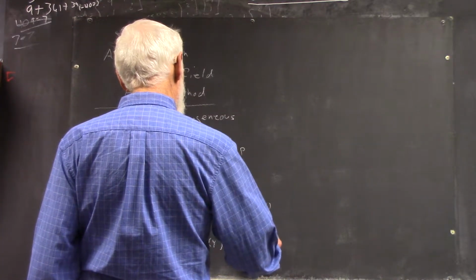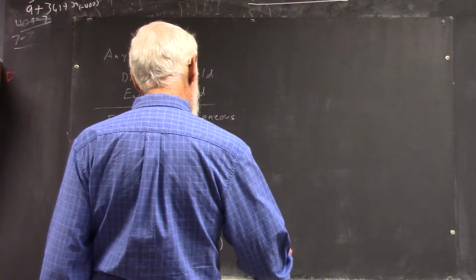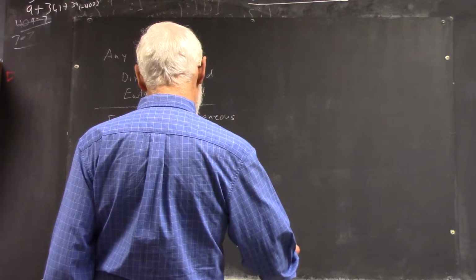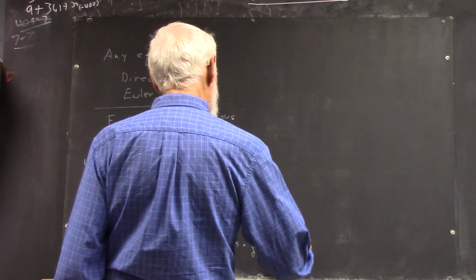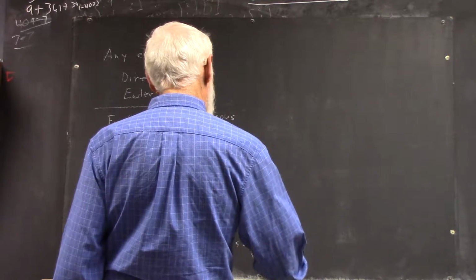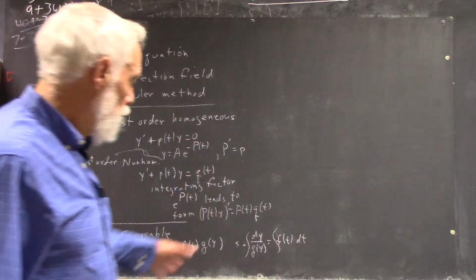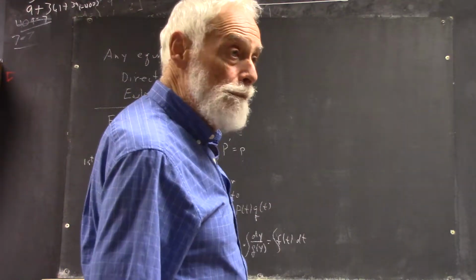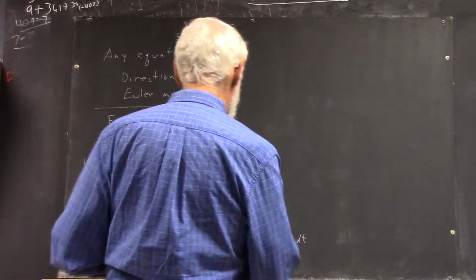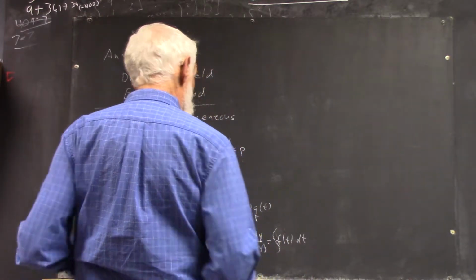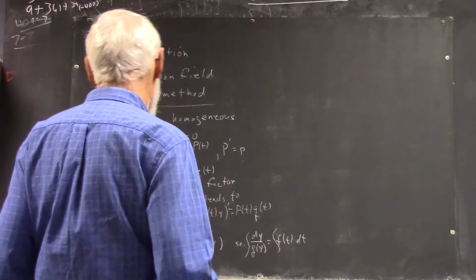So you get dy over g of y equals f of t dt. You integrate both sides with your integration constant and so forth. You know how to handle that, okay, so not going through the algebra of that. So you have this.